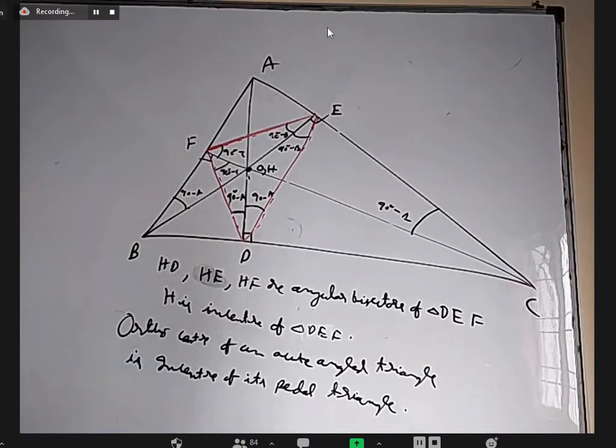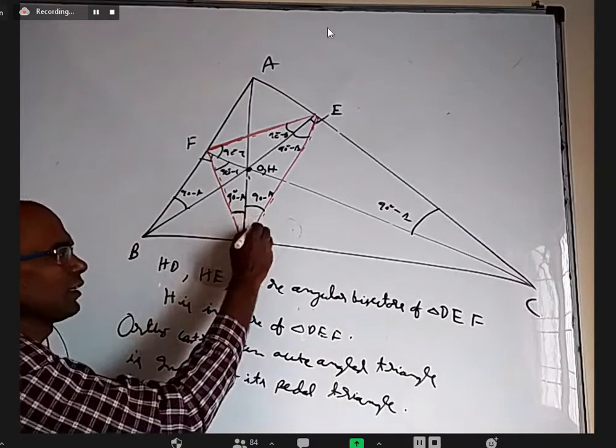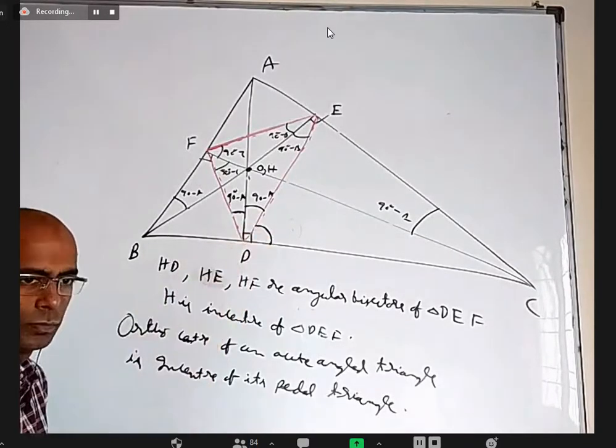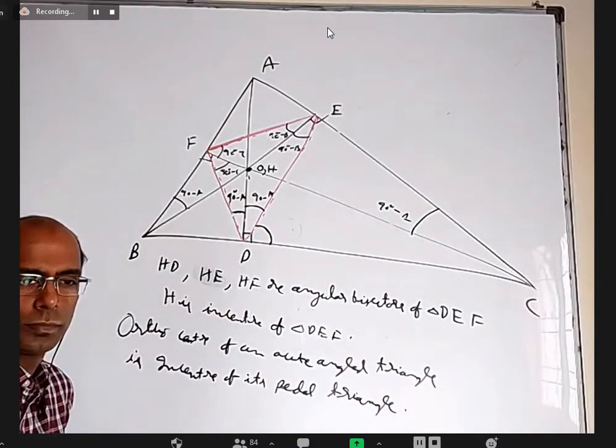Oh, yes, please. Sir, the ratio AB, BC and CA is equal to DE, EF and... Yeah, they are similar triangles. I can prove it: what is this angle? Anybody want to tell what is this angle? Yes, sir.